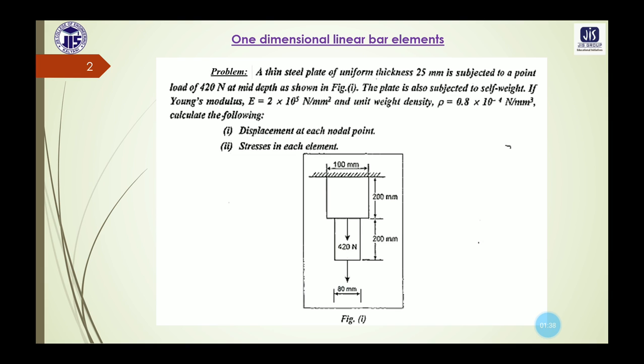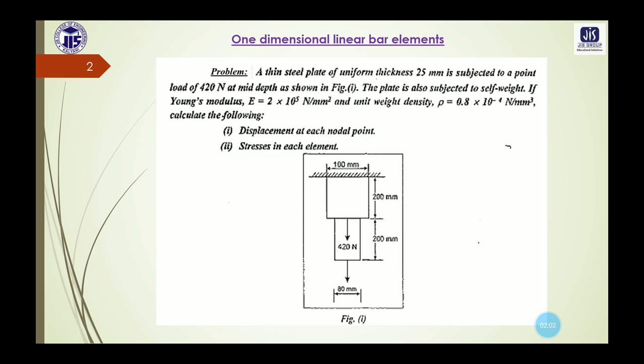So the first numerical states that a thin steel plate of uniform thickness 25 mm is subjected to a point load of 420 Newton at mid depth, which is shown in the diagram. The plate is also subjected to self weight.